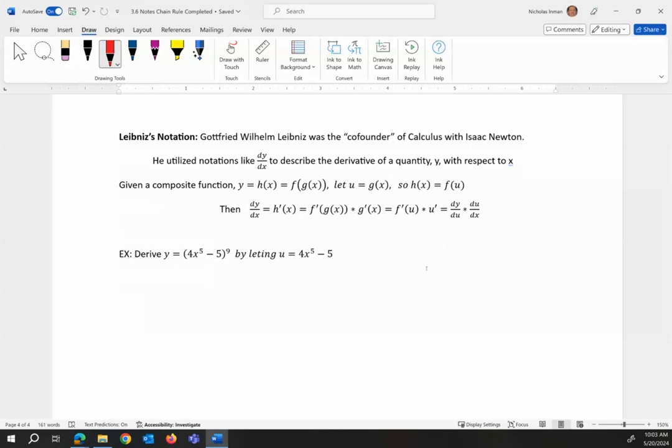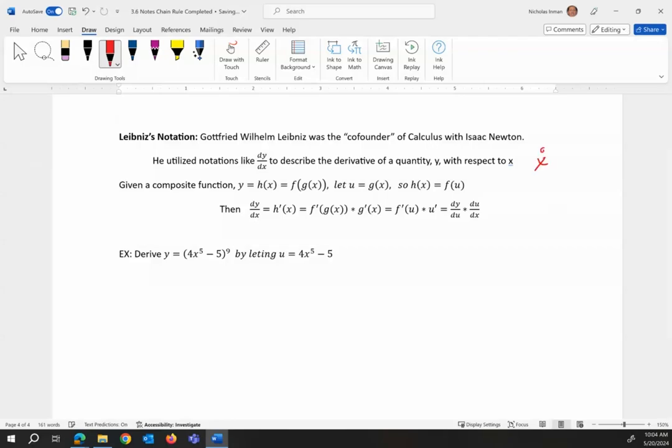His math was a little bit better, people would say. He was also much more well-known at the time. Leibniz usually provided better notations, and some of the words that we still use really come from Leibniz. He loved the dy dx notation.